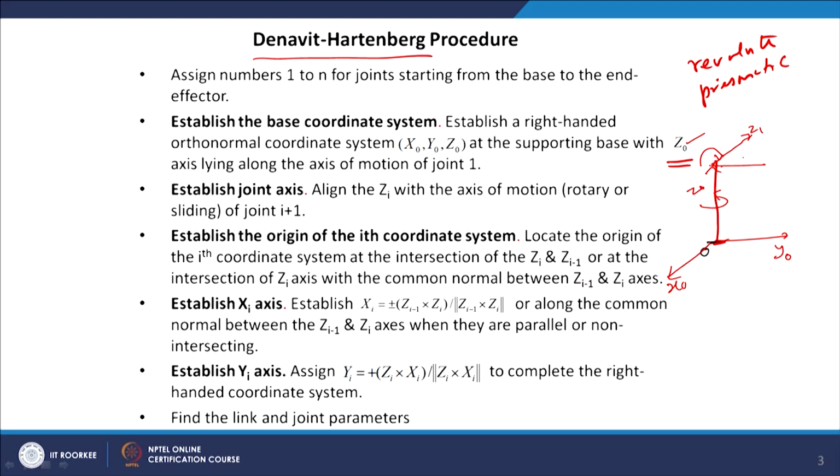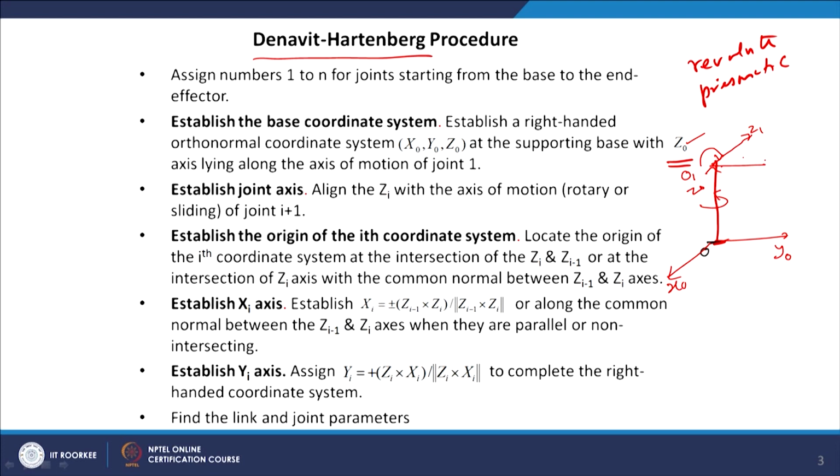They are intersecting at this point. We call this the origin O1, because the first joint has origin O, the second joint we call O1, and so on. For the ith joint, the origin is called Oi minus 1. How is the origin fixed? It is the intersection of Zi and Zi minus 1.